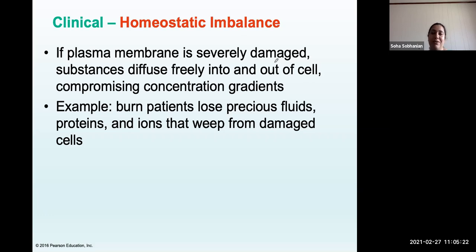There is no diffusion, no facilitated diffusion, no osmosis, because everything can easily get in and out of your cell. There is no plasma membrane. So patients that have severe burns, the tissues are damaged, and things can leak in and out of your damaged cell, and those cells are basically dead. You can't really do anything with them.